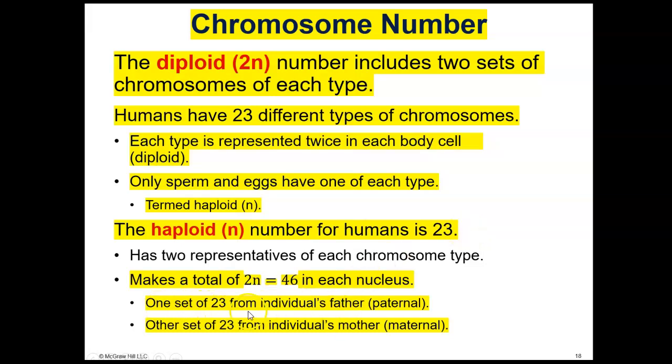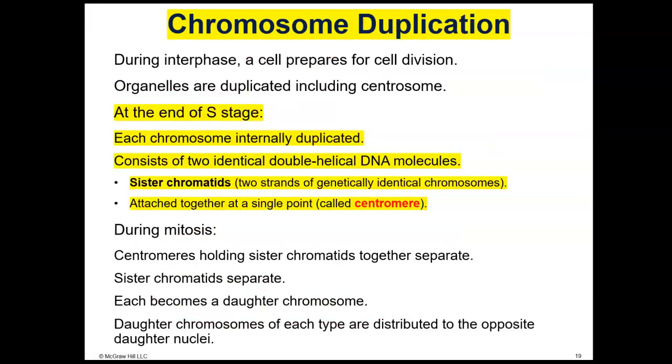And again, one set of the 23 chromosomes comes from the father, and one set comes from the mother, the father's sperm and the mother's egg. And that's what gives each of our cells the diploid number, which is 46. Now, chromosomes are duplicated. They go from consisting of a single chromatid to consisting of two sister chromatids at the end of the S stage during interphase.